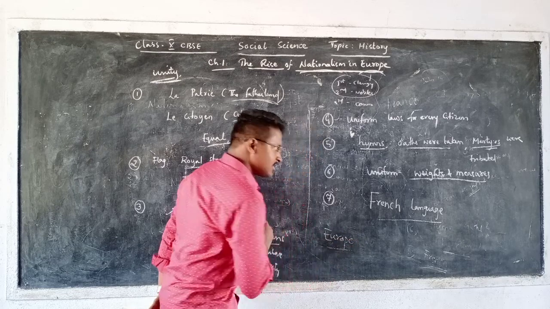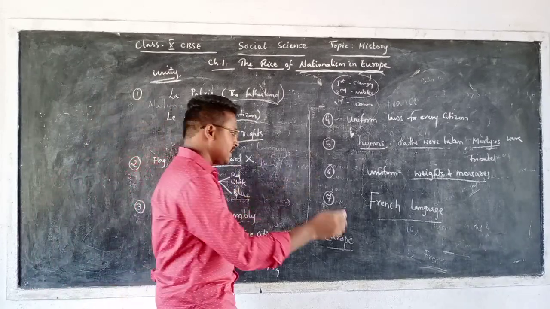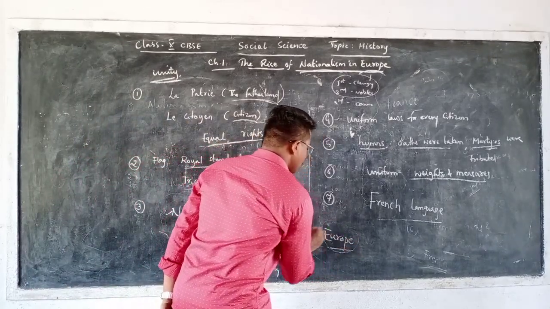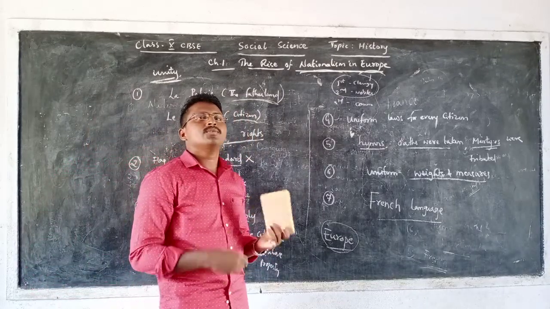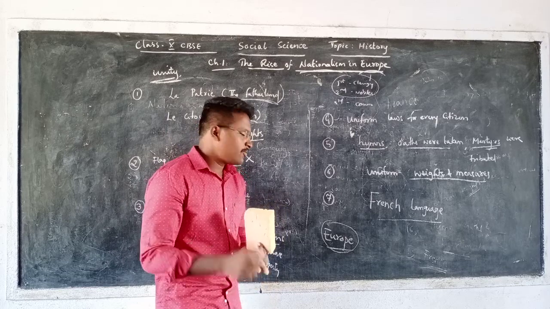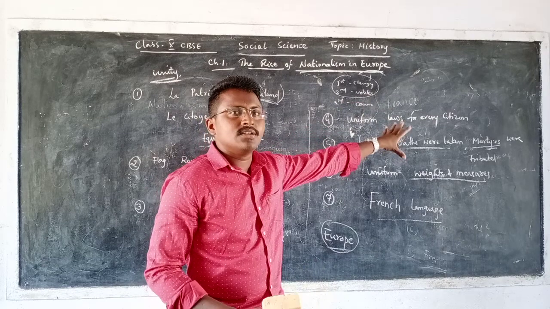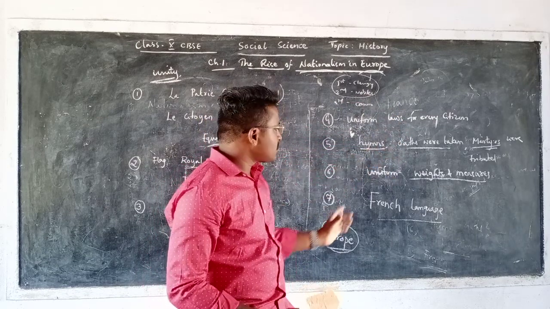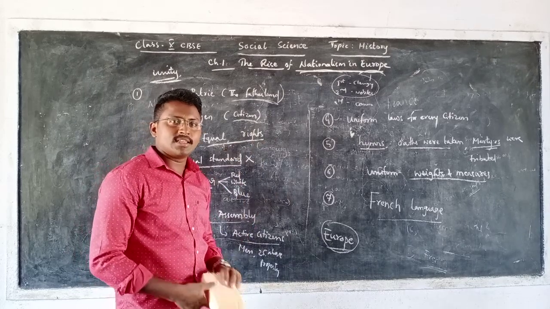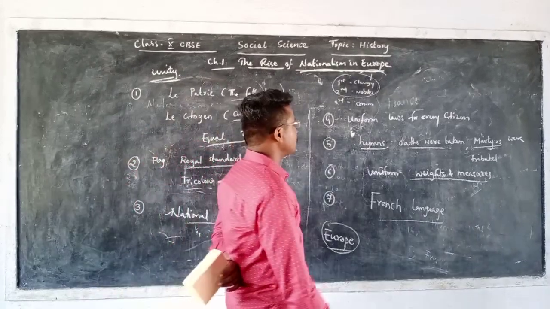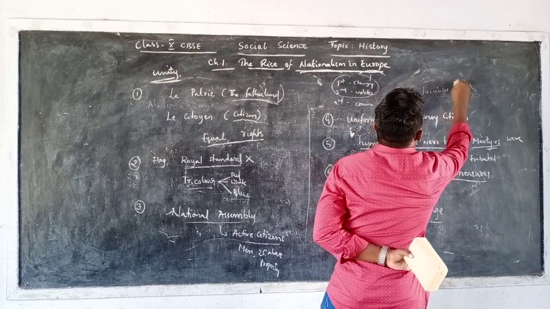Not only in France, we should spread these revolutionary thoughts and ideas to other parts of Europe. So French people started moving to other countries in Europe because they wanted to spread the revolution which occurred in France. When the French army started moving to other European countries, in some countries they started setting up something known as Jacobin clubs.